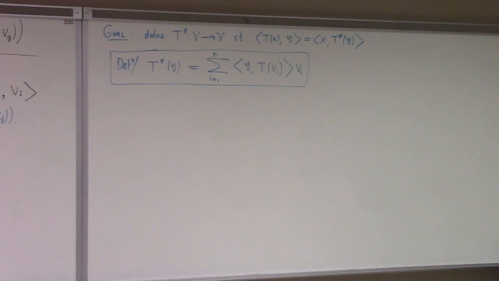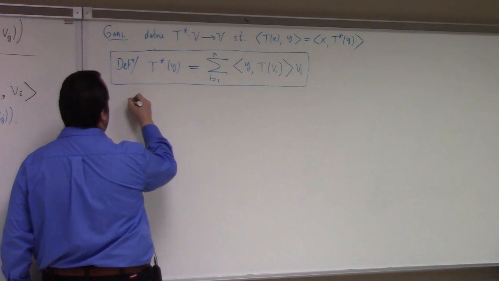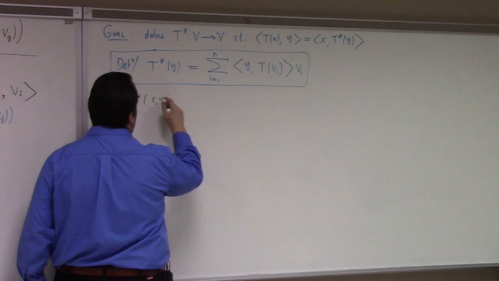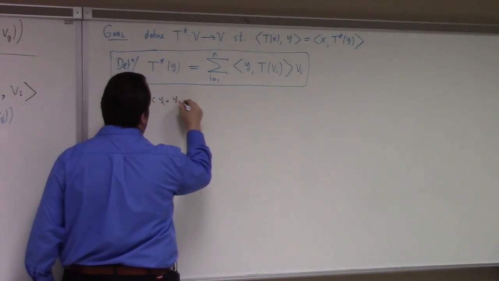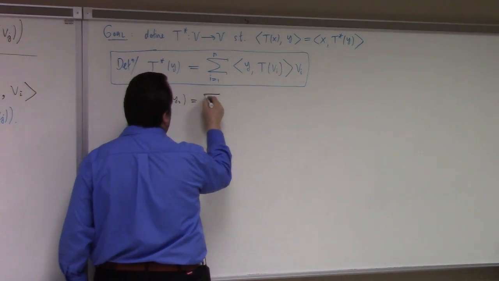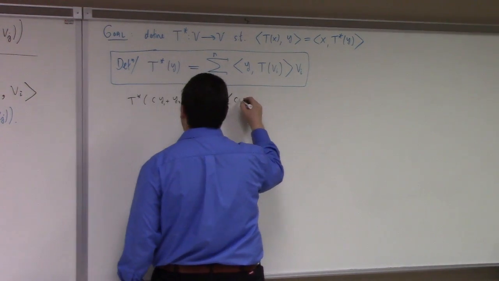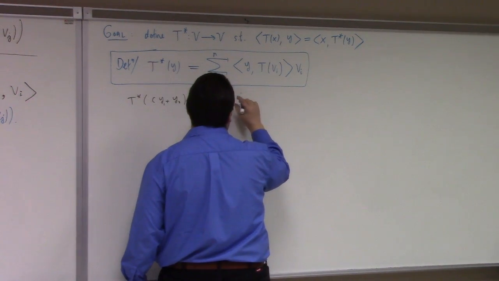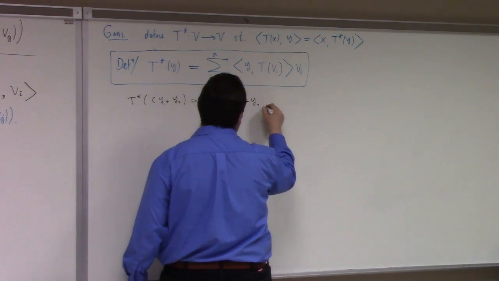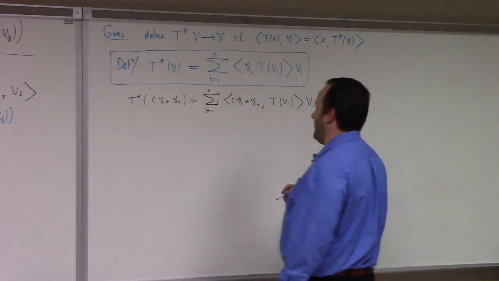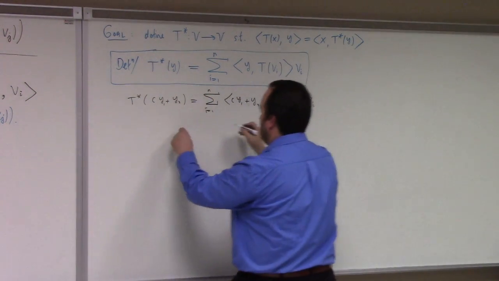So let's, first of all, can you see why it's linear? If I take c y1 plus y2, what do we get? It's an inner product, so we have linearity there.